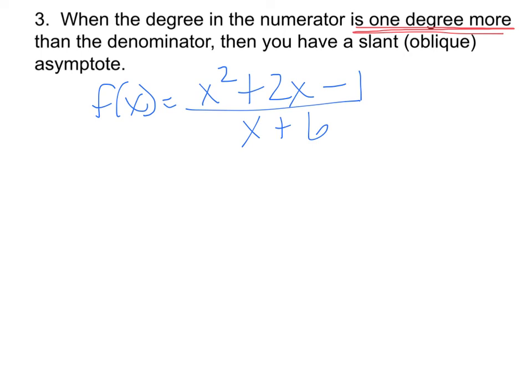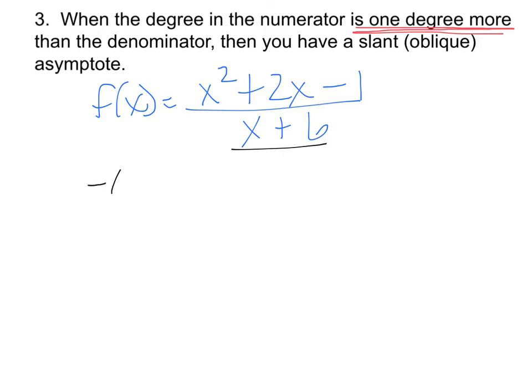So I have one degree higher in the numerator than in the denominator, because if x doesn't have an exponent, it's an automatic 1. So in this case, you do a division. And anytime you see a denominator like x plus 6, you know you can use synthetic division.